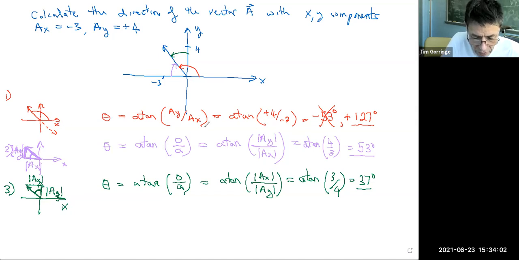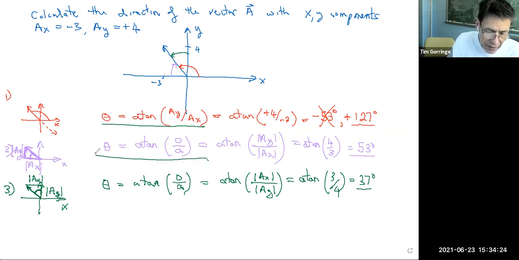There we used the inverse tangent of the ratio of the y component of the vector to the x component of the vector. And we incorporated the signs of the y and the x components of the vector. Secondly, when we calculated the angle with respect to the horizontal, we just thought of a right angled triangle that's made up of the components of the vector and the vector itself.